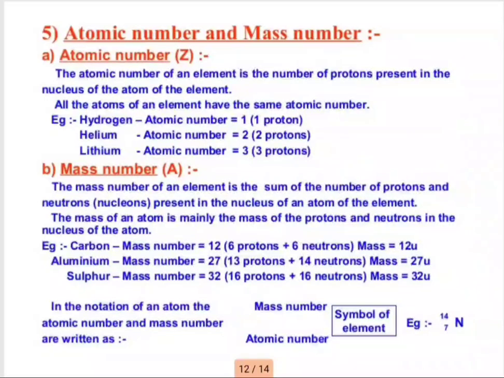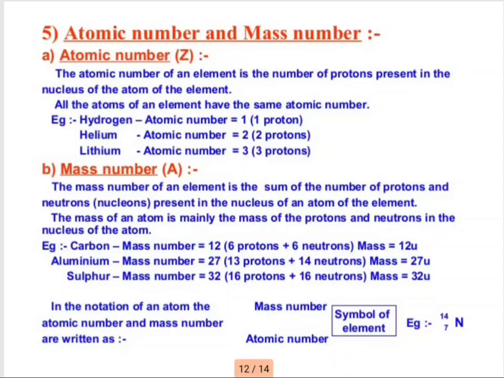Next important terms. First is atomic number, that's Z. Number of protons. Here protons are equal to electrons in the neutral atom. What is atomic number? The atomic number of an element is the number of protons present in the nucleus of the atom of the element.